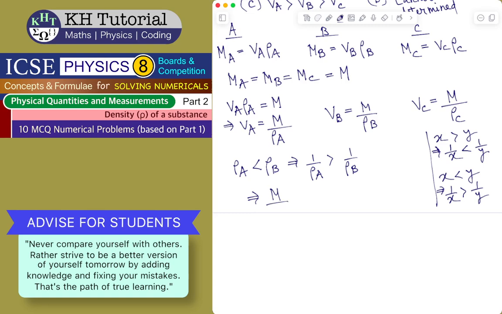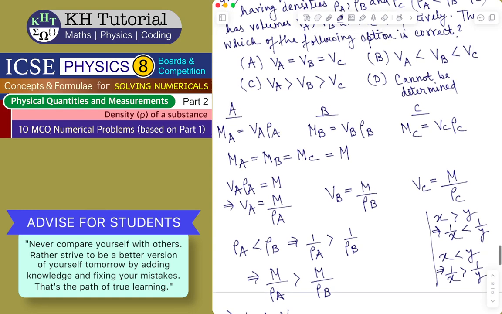So M by rho A will be greater than M by rho B. What is M by rho A? M by rho A is nothing but VA. This means VA is greater than VB. So I got the relation between VA and VB: VA is greater than VB.